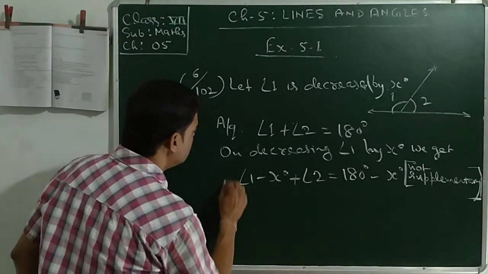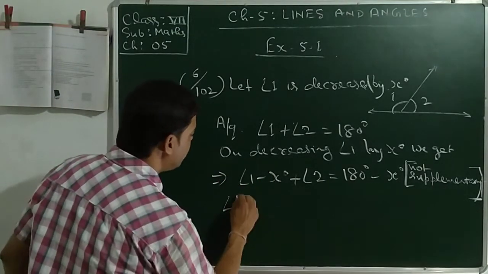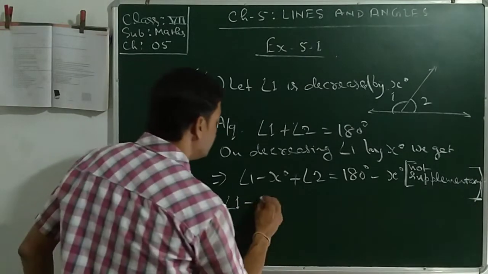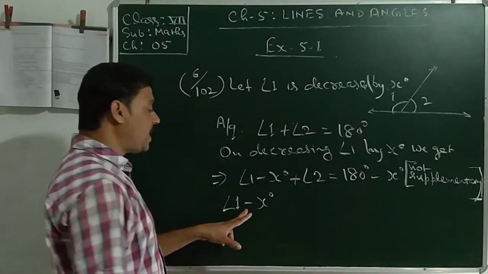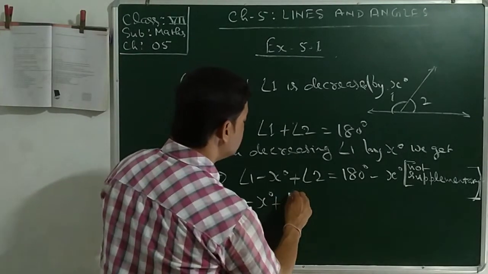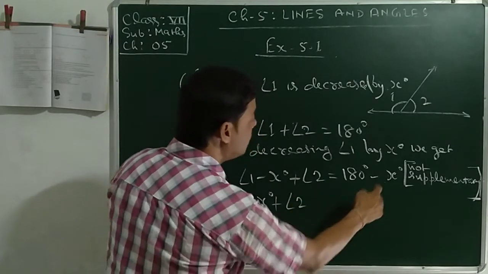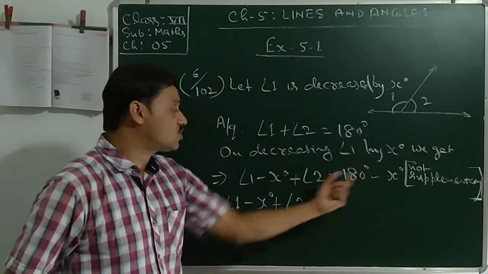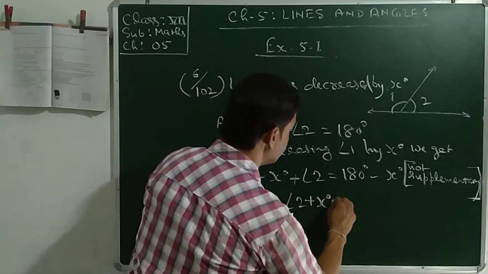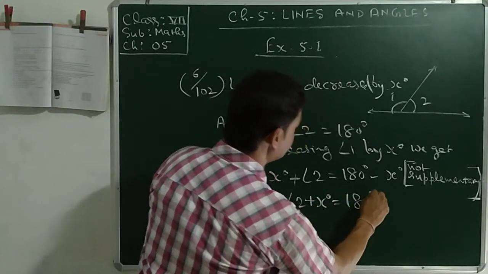So to make the equation clear, we will write angle 1 minus x degree plus angle 2, and if you bring this x to the LHS, this will be plus x degree, then it will be 180 degree.